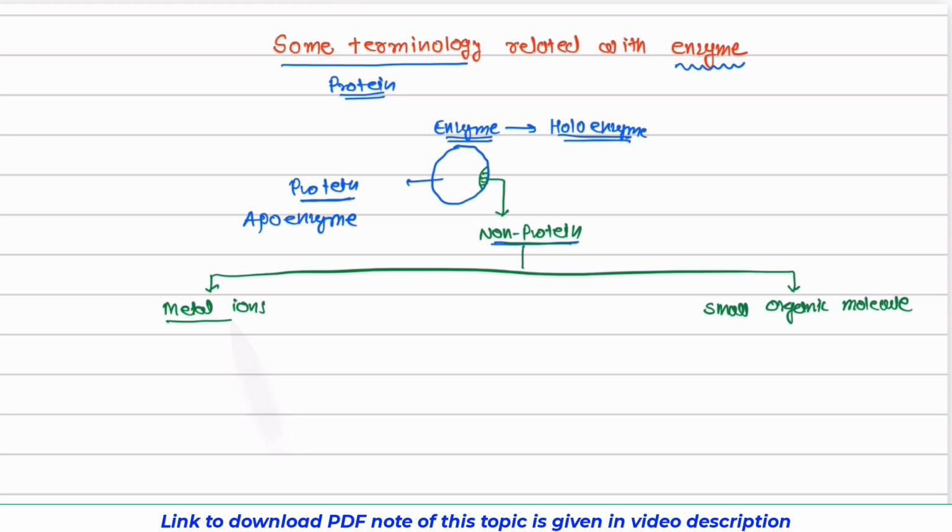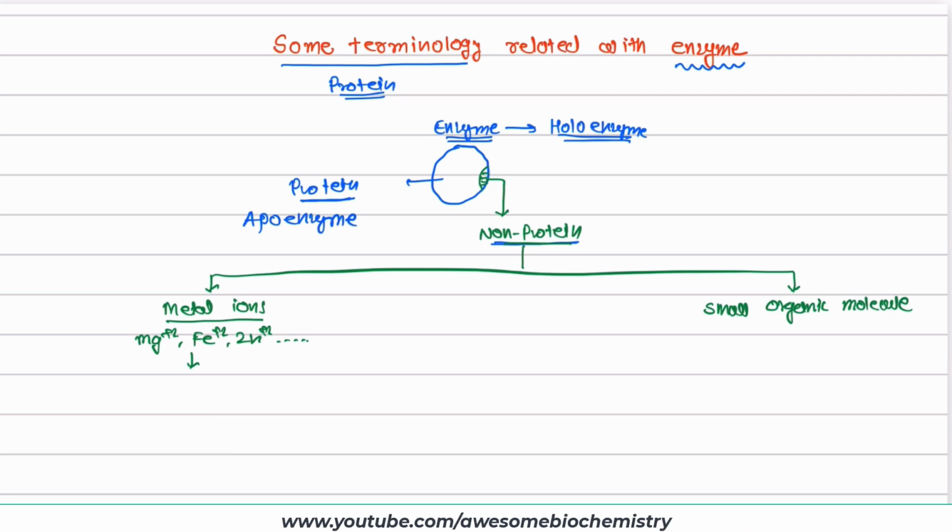If it is made up of a metal ion, for example magnesium, iron, zinc, or any other metal ion, then this non-protein part is called a cofactor. Whereas if it is made up of a small organic molecule, we call it a coenzyme. So the difference between cofactor and coenzyme must be clear to you.